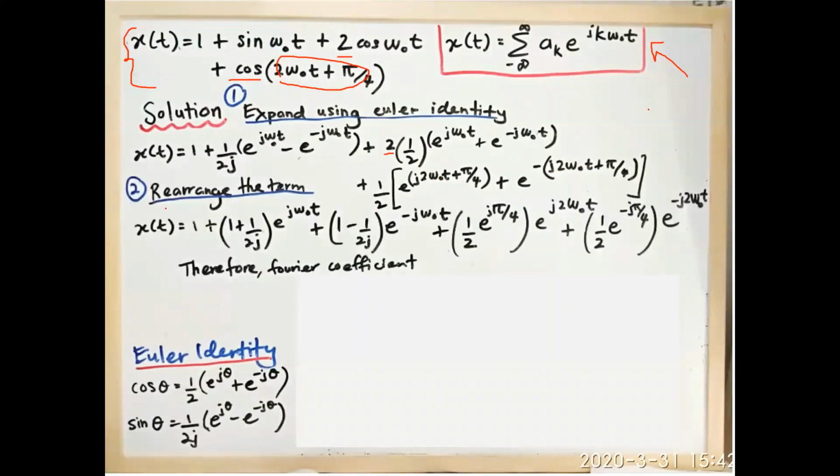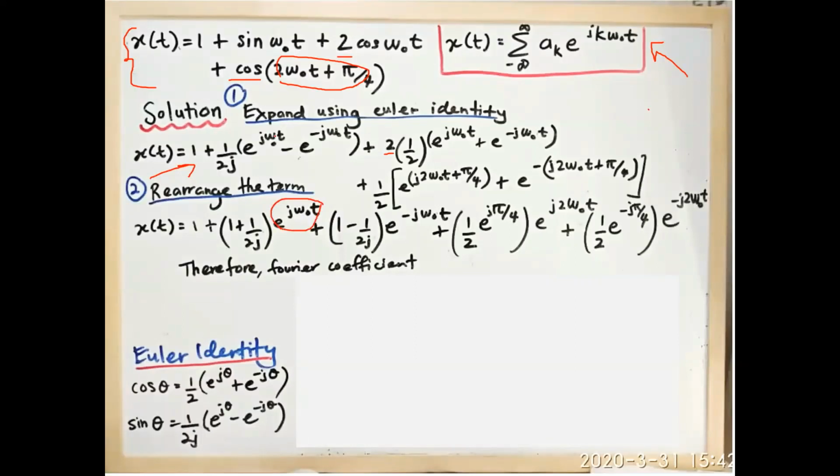So next is to rearrange the terms according to the Fourier coefficient k value. So you're going to rearrange it in terms of k equal to 1, k equal to 2, k equal to 3, and so on. When we arrange it, we have the DC value 1 plus. You're going to rearrange the value for e^(j omega t).